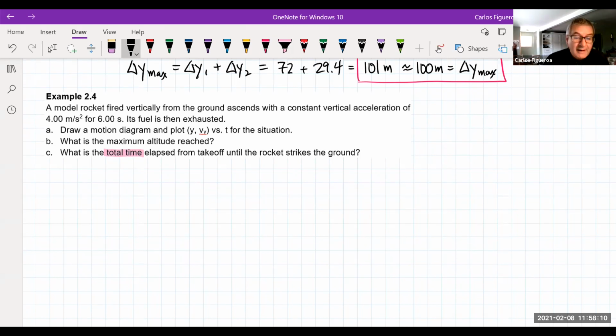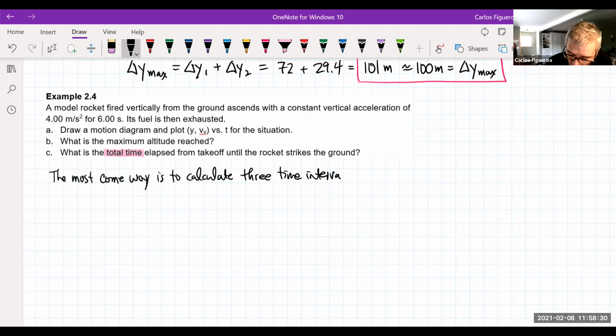So if you want the total time, the most common way is to calculate 3 time intervals. And according to what we drew, the total time of flight would be these 3 times here. Note that this one was given.